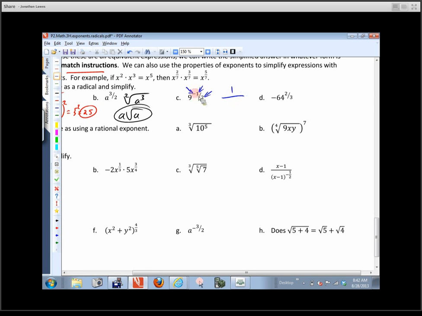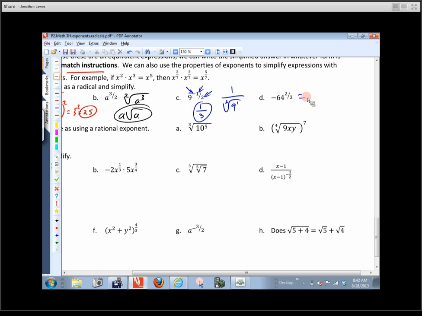That takes care of the negative part. What's the root? Square root of 9. Okay, that's all of those parts represented. There's the reciprocal, there's the root, there's the exponent. So if I'm going to write this number, what am I going to write? 1/3. Pretty ugly way to write 1/3, but that's what it is. Okay?